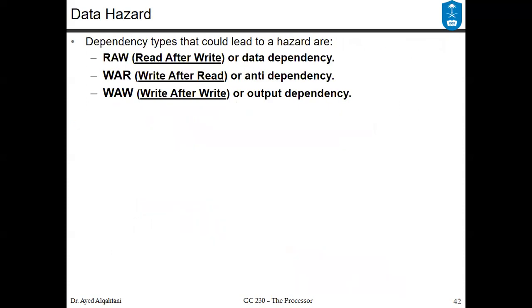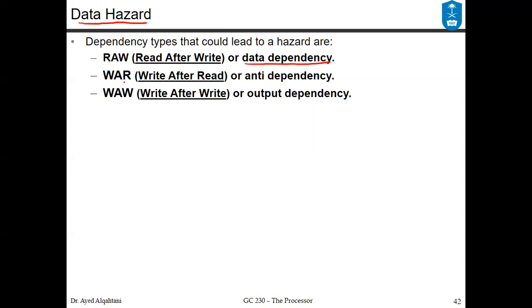Now, for the next type of hazard, the data hazard. We have dependency types that could lead to this kind of hazard. There are 3 types of dependency. We have RAW, which means read after write, and it's also called a data dependency.